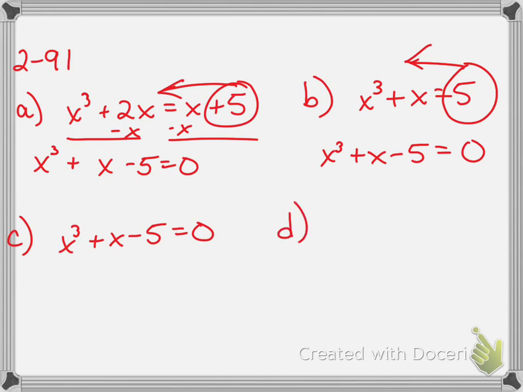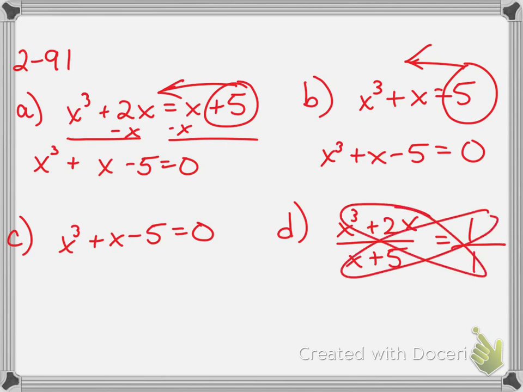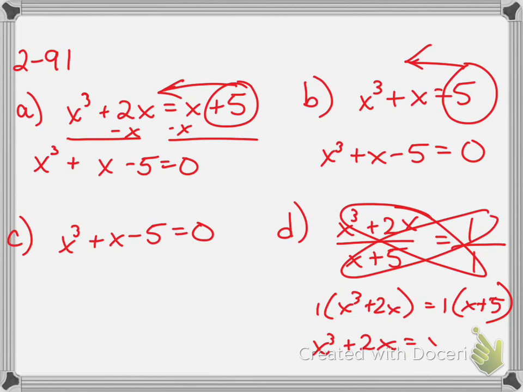And D part, I'm going to make that 1 a fraction, and then I'm going to cross multiply because we have a proportion. So 1 times x cubed plus 2x equals 1 times x plus 5. So that's just x cubed plus 2x equals x plus 5. And that is exactly how A part started. So we can do the same steps to it that we did to A part. They're all the same.